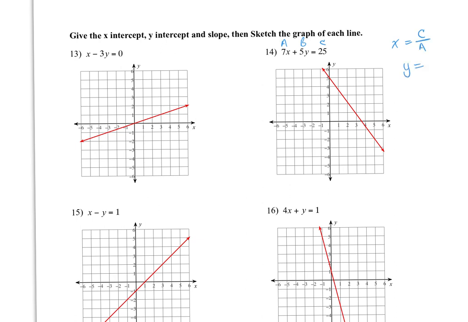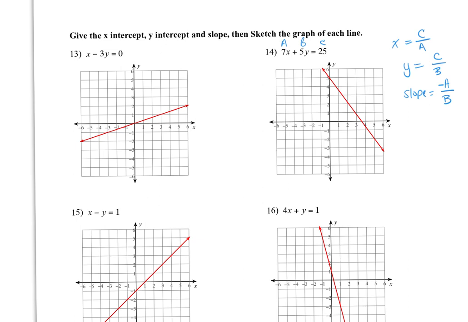Your y-intercept is going to be the constant divided by your y coefficient. And then your slope, you can put it in slope-intercept if you want to, but your slope is always going to be your negative x coefficient over your y coefficient, because you subtract it over and divide to get that y by itself. So if it asks for those three, you just give it to me.